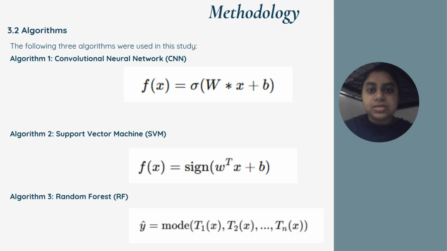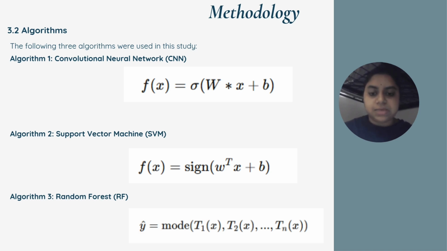For the CNN algorithm, we decided to go with it as it conducts deep learning that extracts spatial features automatically using the convolution layer. To represent the choice, I have included the formula, equation 1, where the input image is convolved with filter weights, with the bias and the sigma activation function.